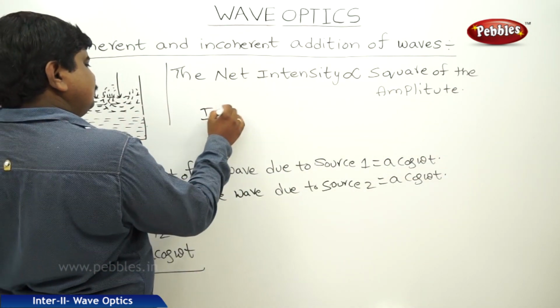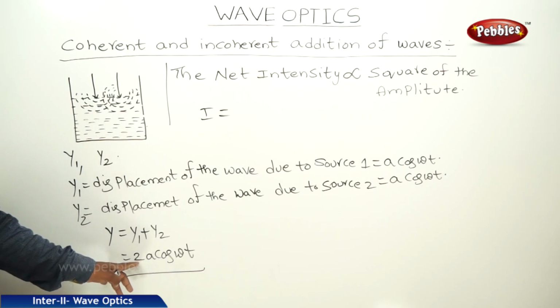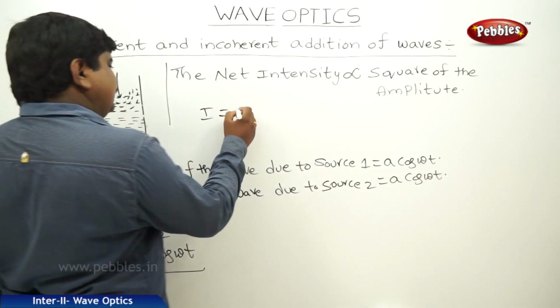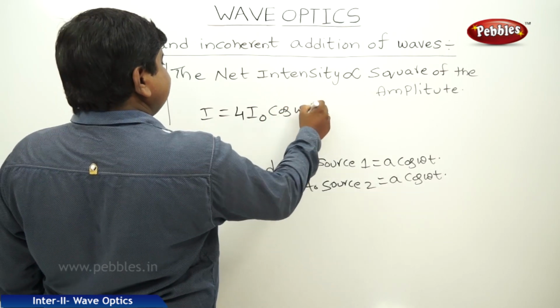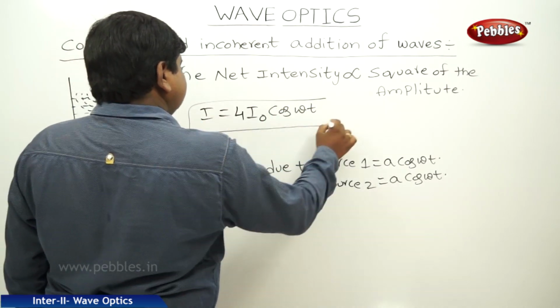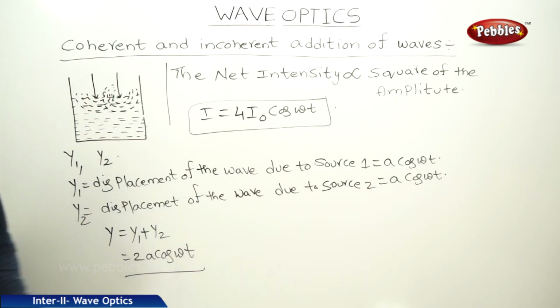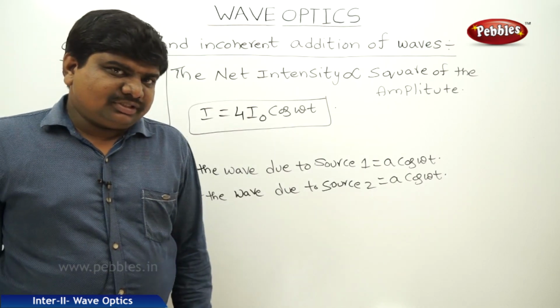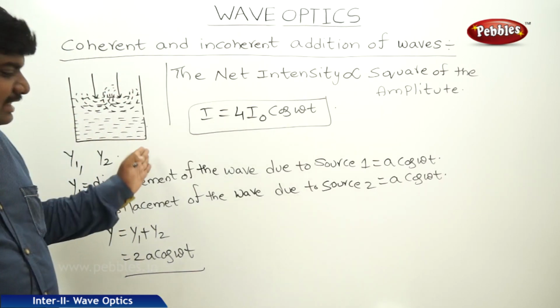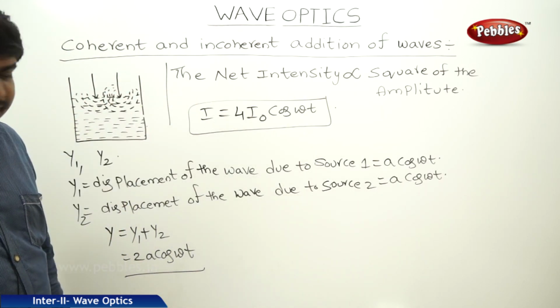Therefore I is equal to, what is the factor of the amplitude? 2. 2 squared, nothing but 4 I naught cos omega t. So these are the equations related to the addition of waves in coherent and incoherent sources. We will discuss these two with some examples.